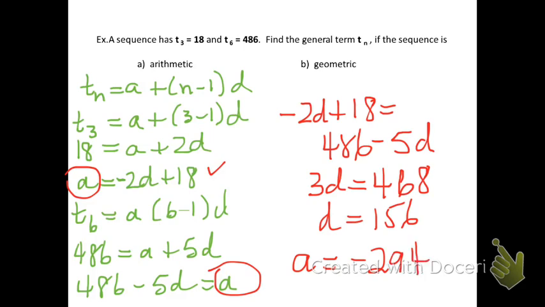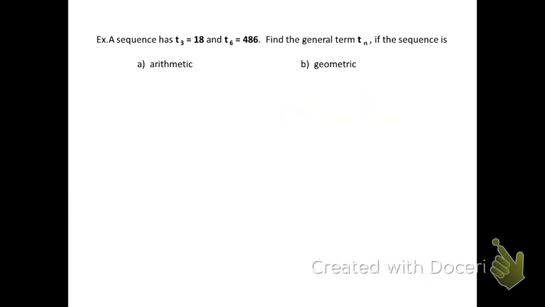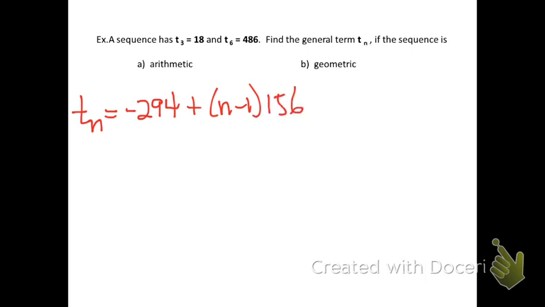So given that, I can now write my general expression for the arithmetic series. So that will be t of n is equal to a, which is negative 294, plus n minus 1, times d, which is 156.